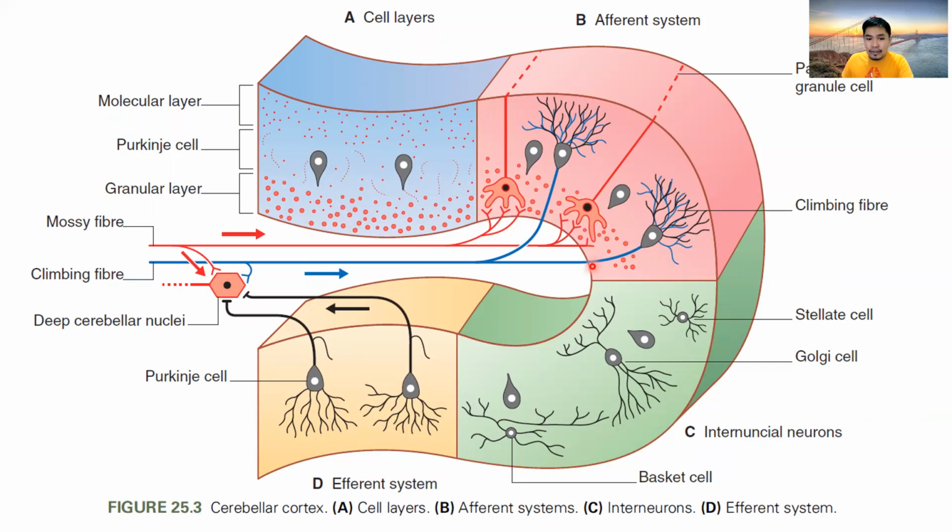And we could appreciate here mossy fibers and climbing fibers that give connections to the cerebellar cortex to spread the impulse that is needed for the spread of information.